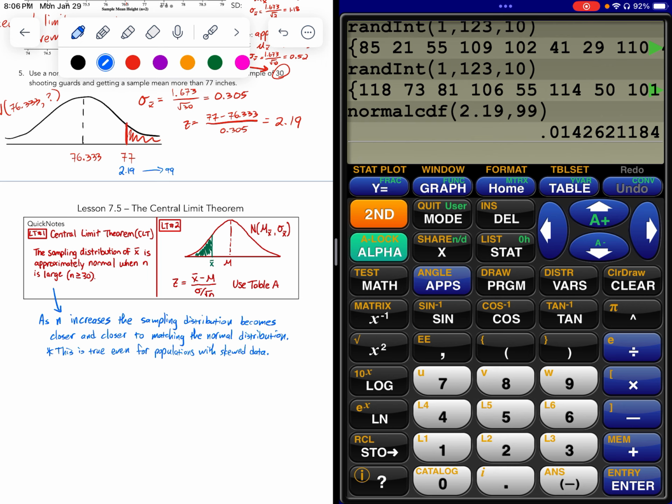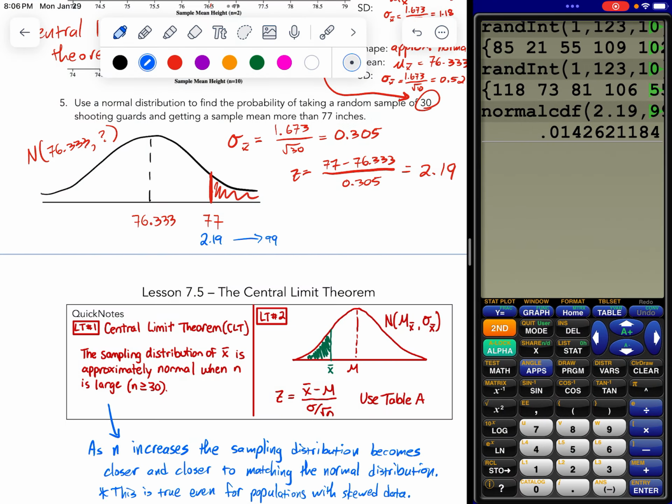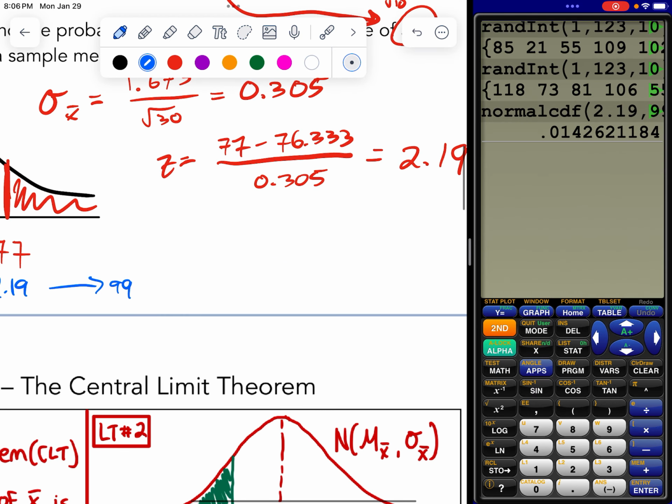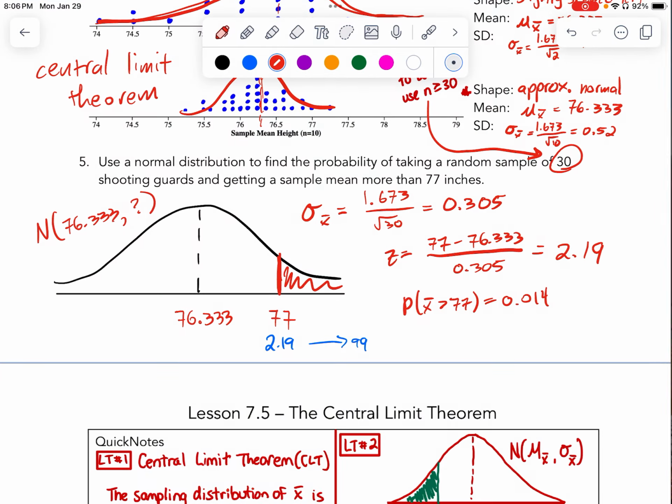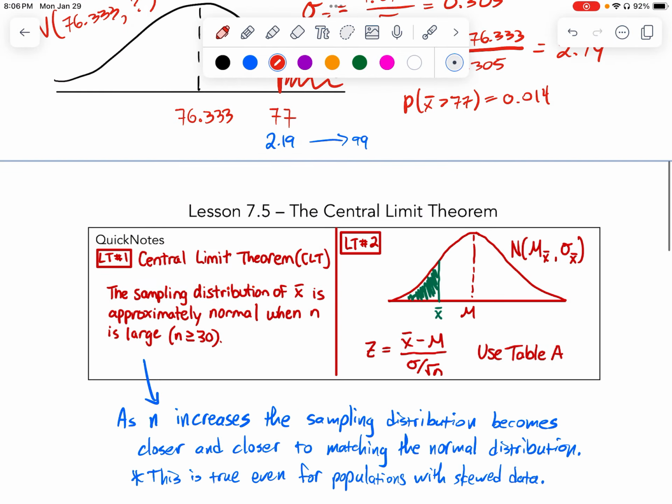You could also use your green packets if you wanted. So the probability that X bar would be greater than 77 in this situation is about 0.014. Okay, 1.4%.